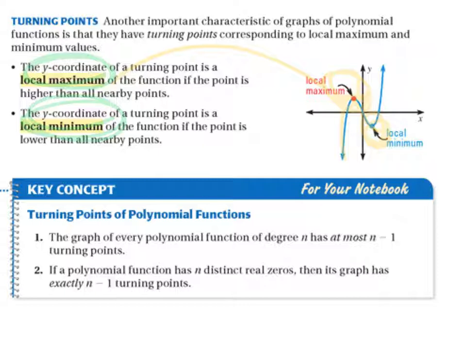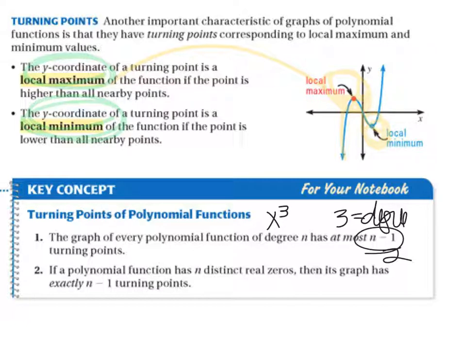Okay, so summarizing turning points of polynomial functions, the graph of every polynomial function of degree n has at most n minus 1 turning points. So if we are a third degree polynomial, degree n equals 3, we're going to have 2 turning points.